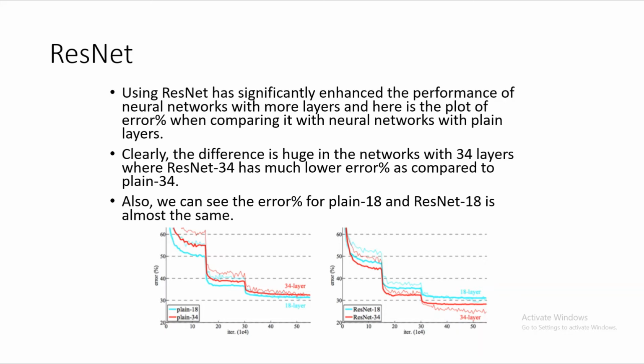You can find lots of architectures for image classification problems. I will not be covering those, but we will be seeing some other computer vision problems in our subsequent classes.